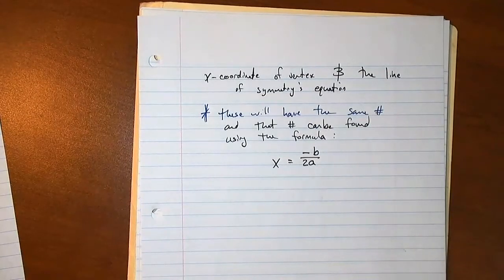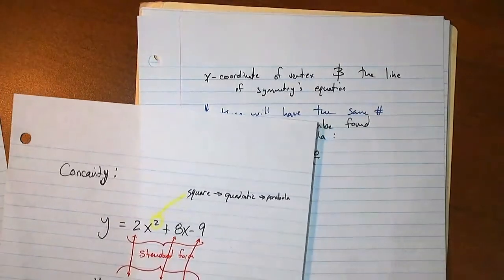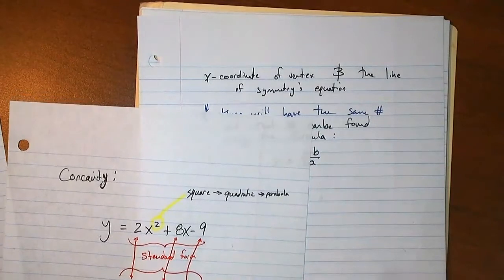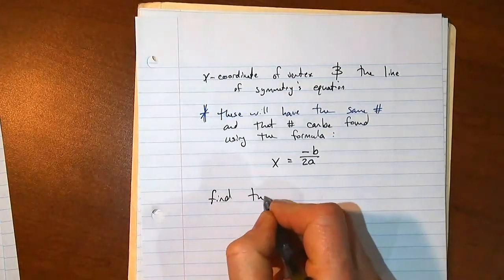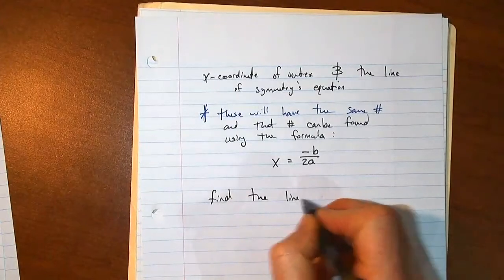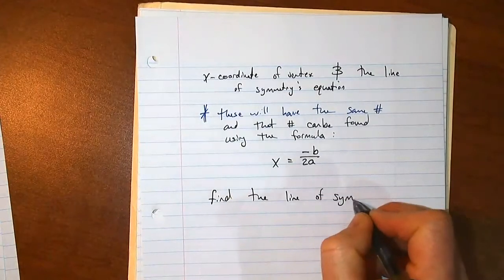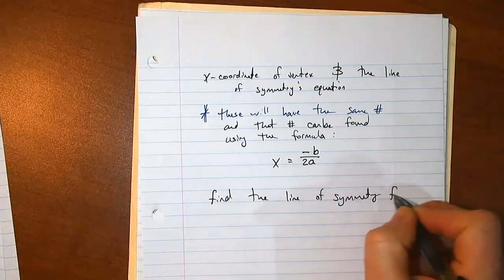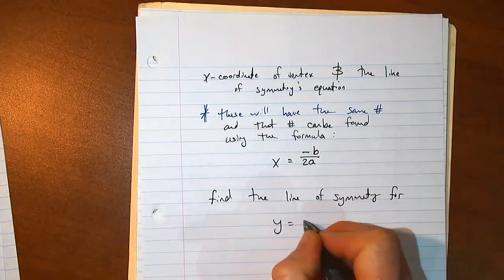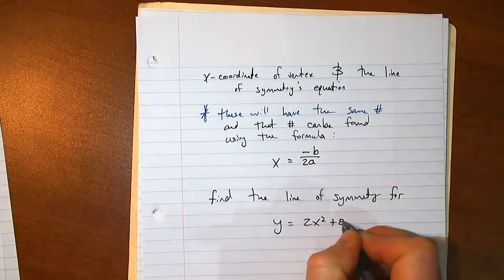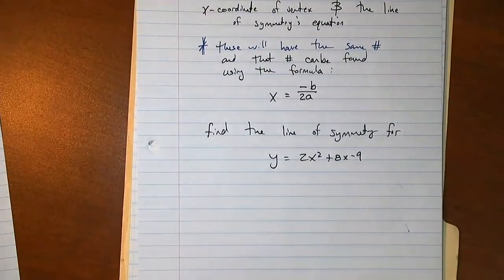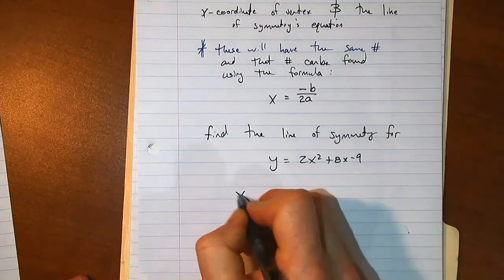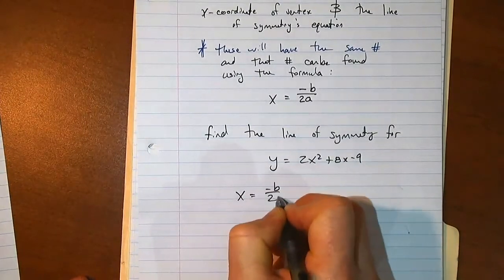Let's go back to the equation we looked at a minute ago: y equals 2x squared plus 8x minus 9. Let's find the line of symmetry for that equation. According to our formula, x equals the opposite of b over 2a.